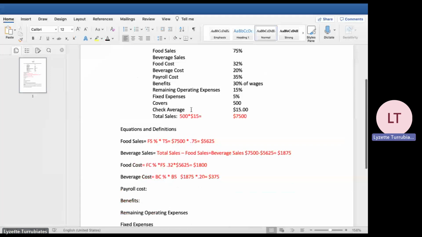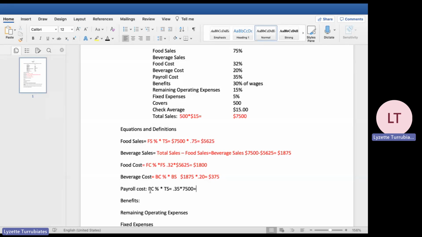So our payroll cost is going to be the payroll cost percentage multiplied by total sales. So our payroll cost percentage is 35%. So I'm going to do 0.35 because that would be our percentage multiplied by 7,500.